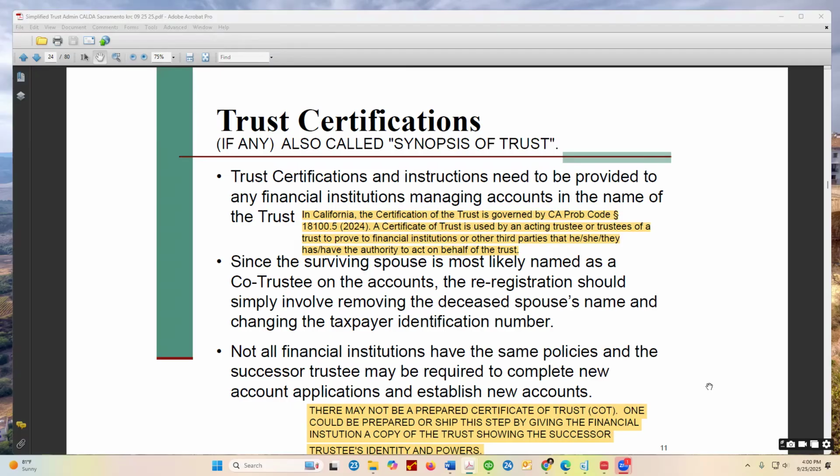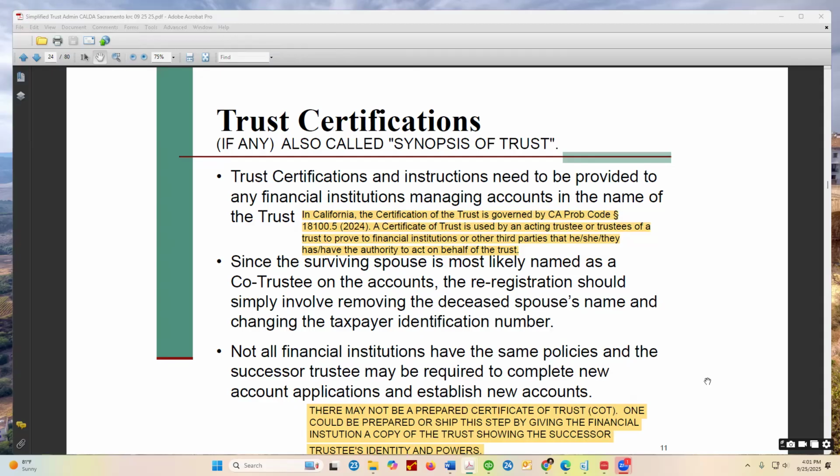Trust certifications, banks frequently ask for them. Basically, it's a boiled down trust that gives some of the terms of the trust, who created it, when, some details about the trust. But some people are concerned that they don't want the world to know what is in the trust or who the beneficiaries are.